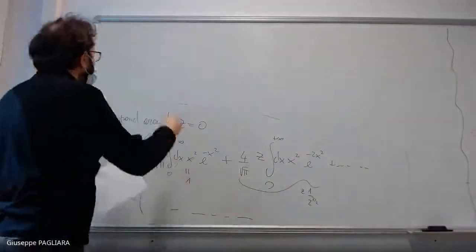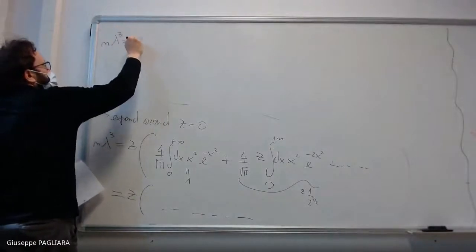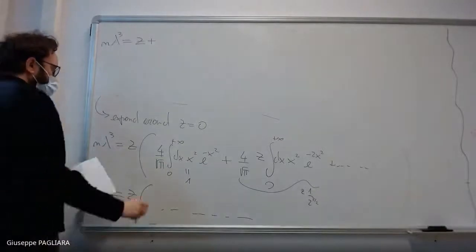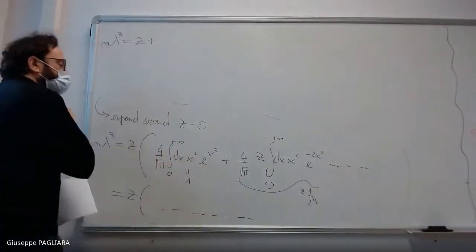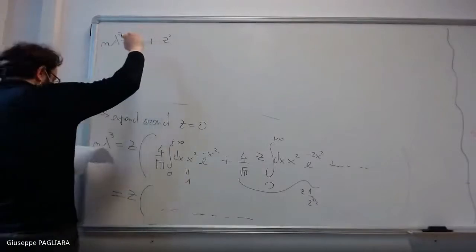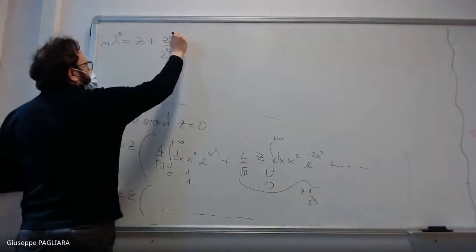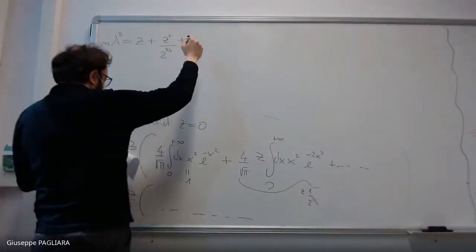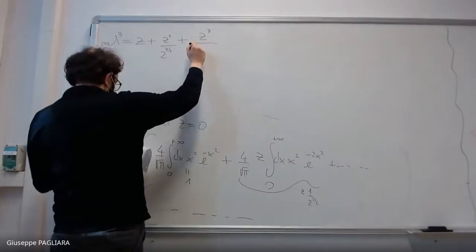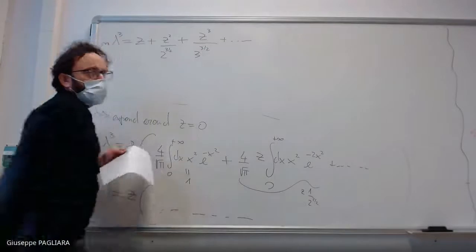So n lambda cubed in this series is z at leading order. Then I have z squared divided by 2 to the power of 3/2, plus, then you go on, z to the power of 3 over 3 to the power of 3/2, plus, etc.